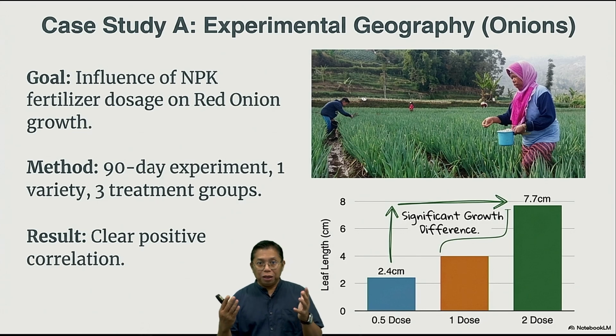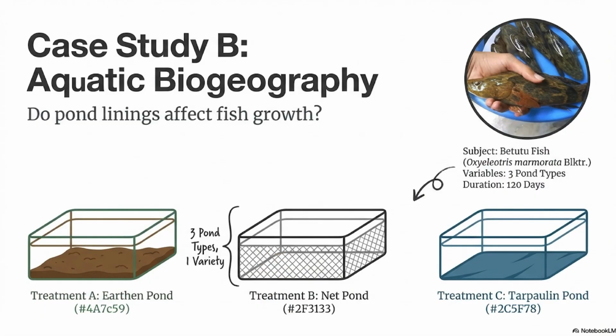This is only in this example. The more fertilizer given, the better the onion grew. But as I mentioned, this is only for this example. Maybe in the next topics, you will see that there is a certain point where giving more will not give more results, but even worse. So let's go to the next case.